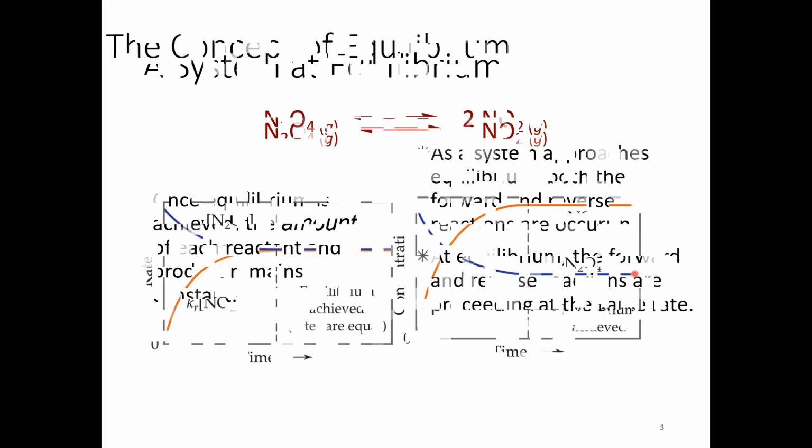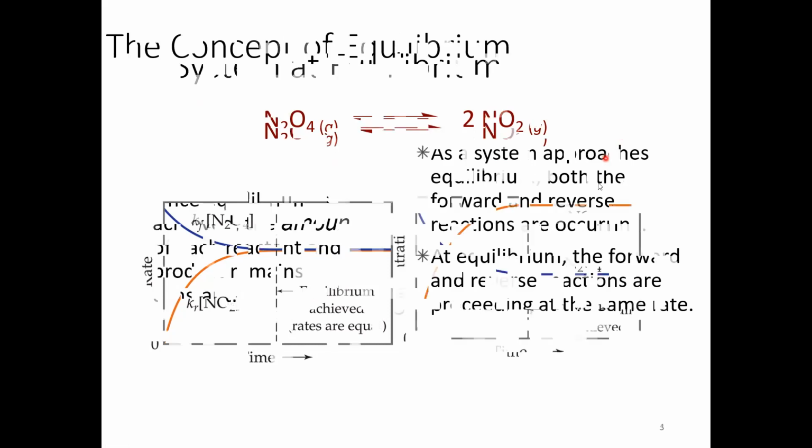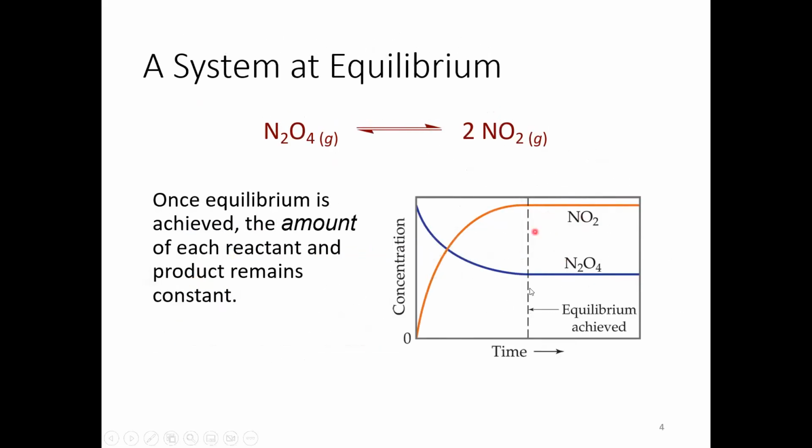So if we go back for a second to the rate graph, equal rates mean we're taking just as much of this NO2, converting it back to N2O4, as we're taking the N2O4, converting it into NO2. And that's why when we get to that equilibrium point, we see that these amounts stay constant, but they're not going to be equal. It could potentially be equal, but for the most part, we're going to have more of the reactants or more of the products.